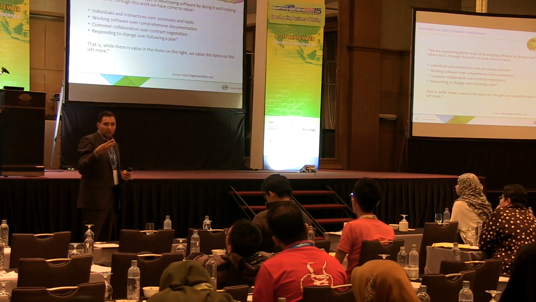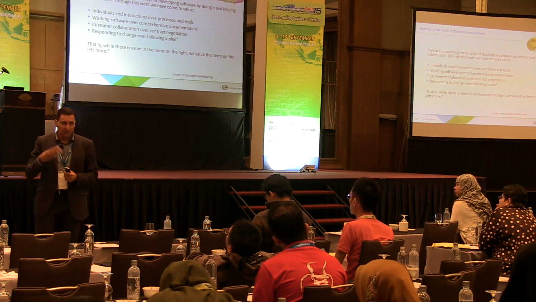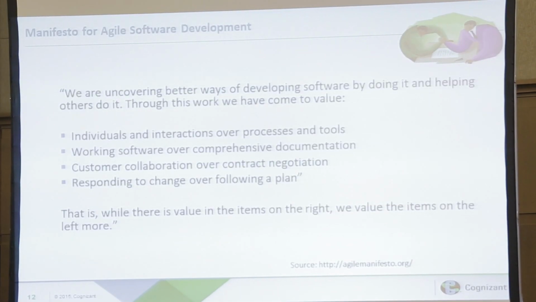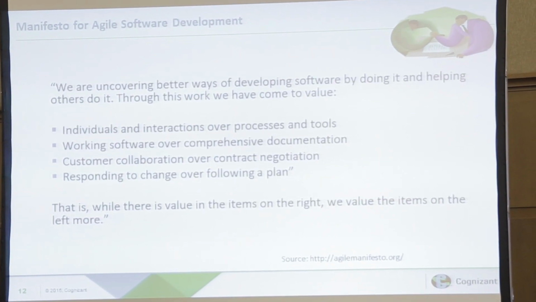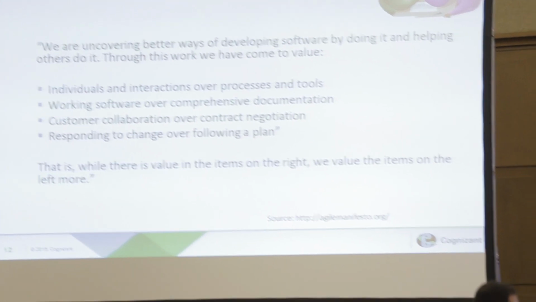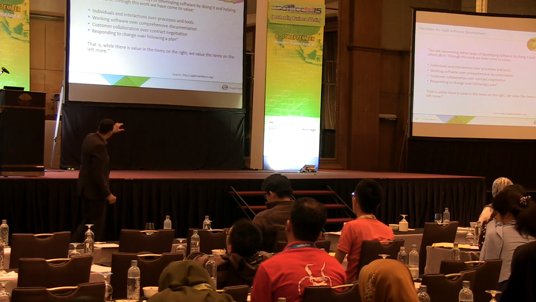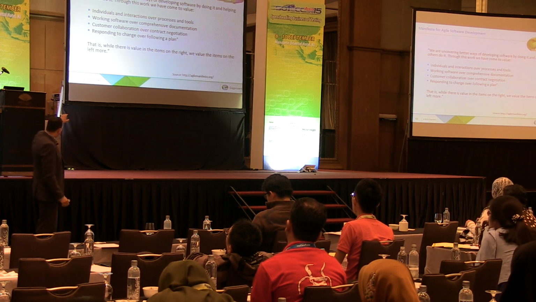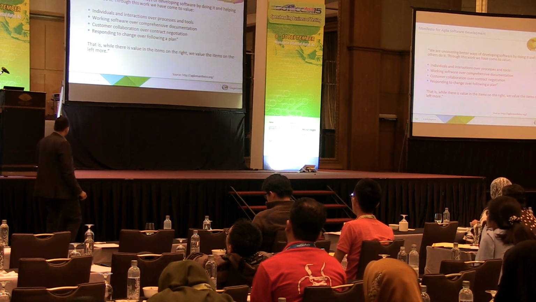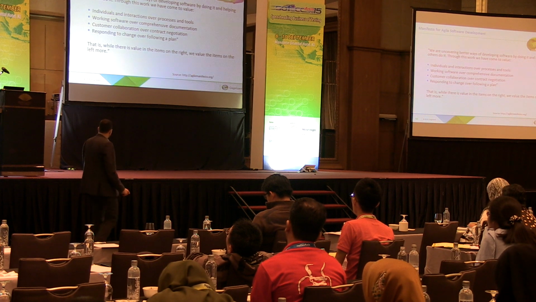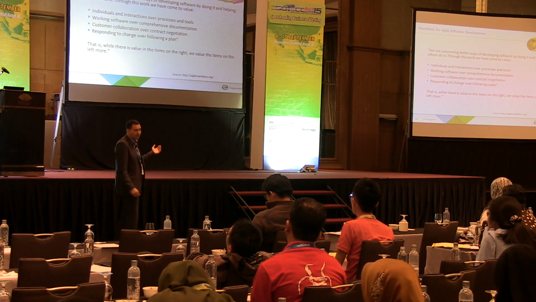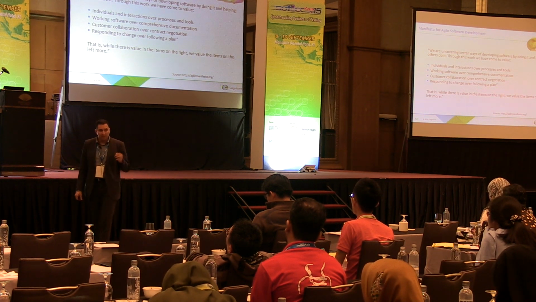It was a system of four core elements. One is that software is about individual interaction over processes and tools, working software over comprehensive documentation, customer collaboration over contract negotiation, responding to change over following a plan. What did they mean by that?